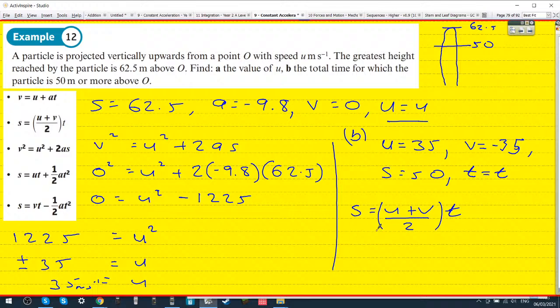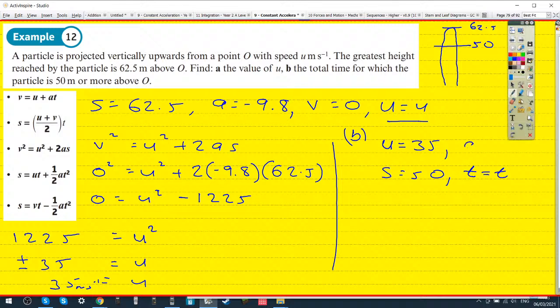Yeah, that's not right. So we can't use that. Let's change V equals minus 35 into A equals minus 9.8.